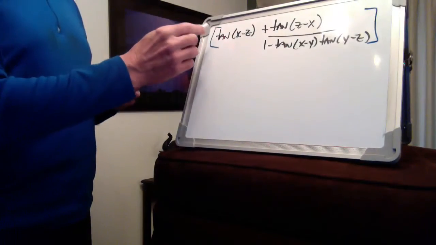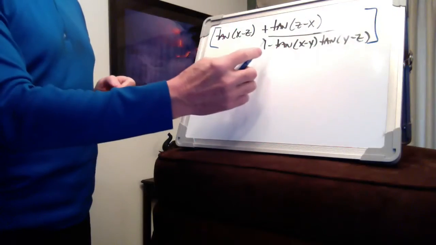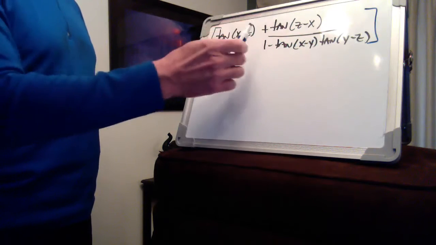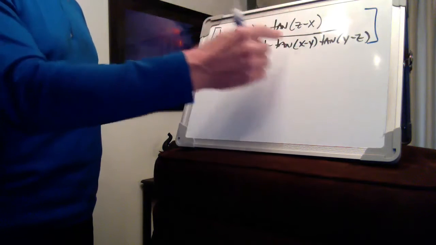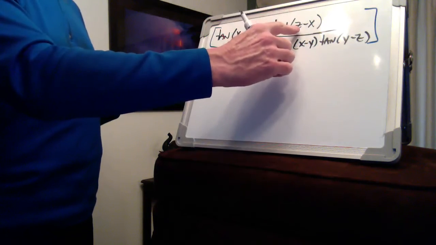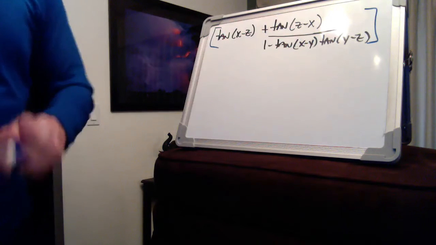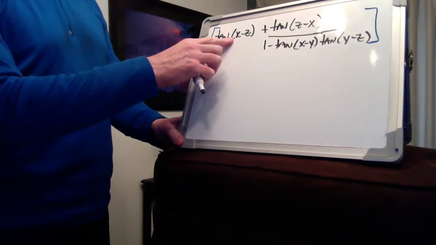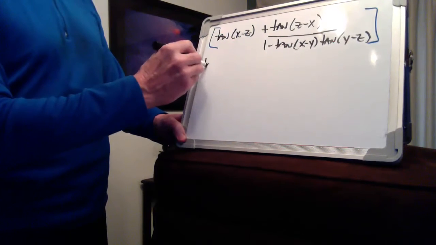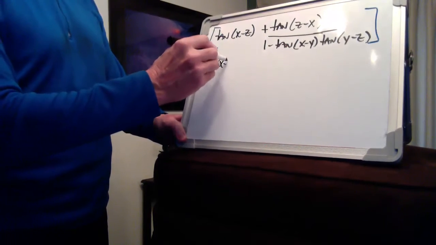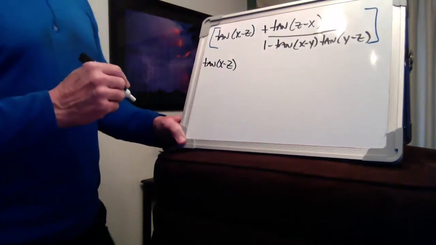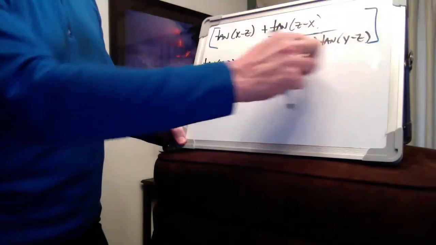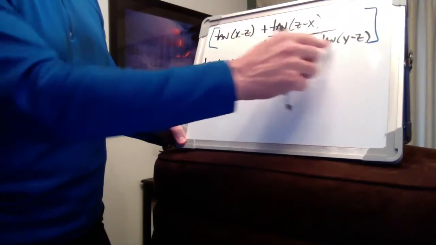I'm going to multiply everything through by this. So I'm actually multiplying this by this. And when I multiply this through, it's going to cancel with this. I'll just be left with this for the second term. So just follow me here. So I'll have tangent of x minus z times 1, I have tangent of x minus z. Then I'm going to have the tangent of x minus z times these two factors here.